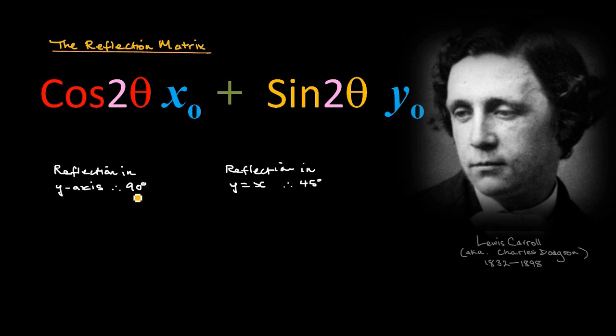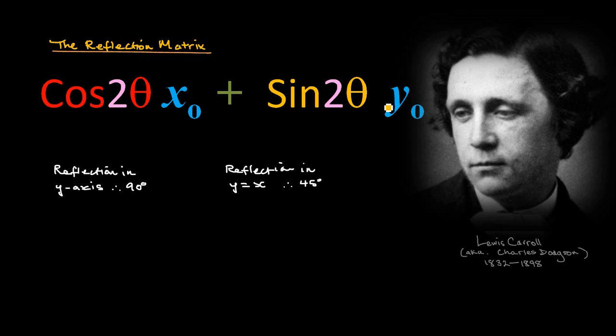The angle here is 90, and that is multiplied by the x coordinate of the object, which gives you the x coordinate of the image, and you also add the sine of double the angle of the line of reflection, in this case 90 degrees, times the y coordinate of the object. I know this sounds a little bit convoluted at the moment, there's quite a lot there to get your head around, but we're going to give an example.